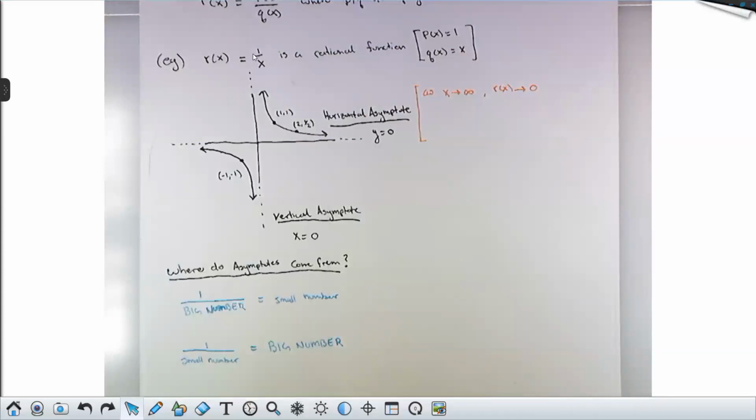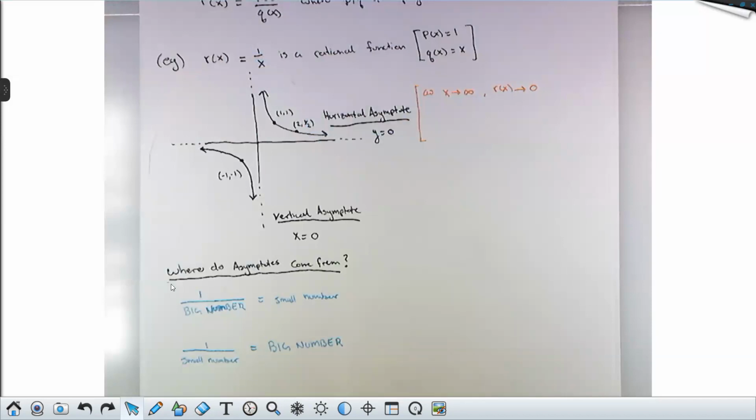So as I feed in bigger and bigger numbers for x here, 1 over that very big number gets very, very close to 0. And that's why this graph is sneaking up on 0 as we run off to the right. That's where that horizontal asymptote is coming from.